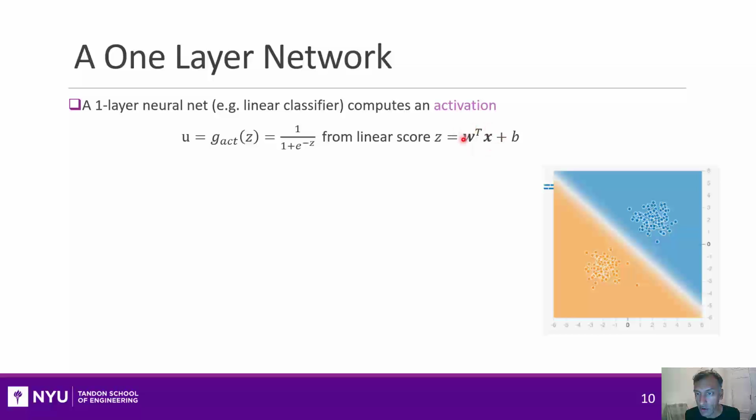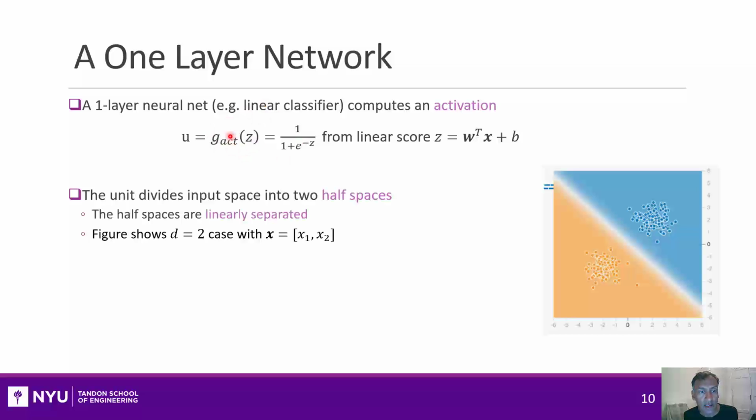So I would take a linear combination of the data and then maybe pass it through, say, a logistic function to get the probability. You can think of that like a single layer neural network with a single output, because it has a linear combination and then an activation function. Now, in this particular case, this unit would be dividing that space into 2 simple linear half spaces, for example, the blue and the orange space.